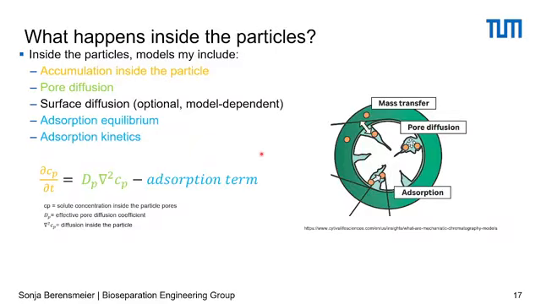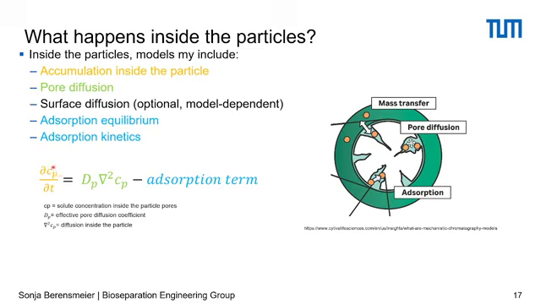If we zoom in another level, as I said before, the particles or the molecules, if they are small enough, can go into the pores of the particles. And then we have equations that describe everything that's happening inside these particles. And here first we start off with the accumulation inside the particle. This looks quite similar to the accumulation outside the particles in the fluid phase.